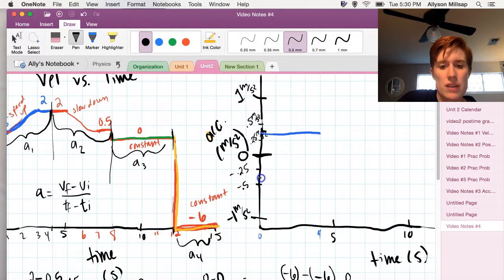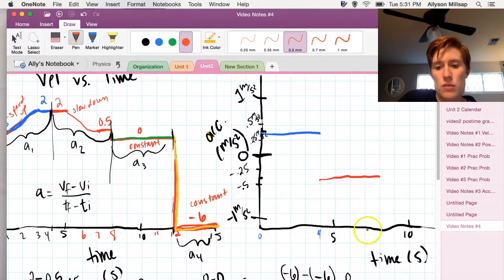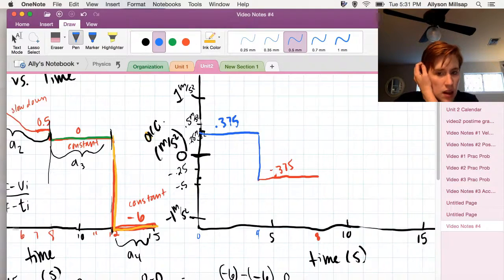So negative 0.375 is somewhere right here, and it's between seconds 4 and 8. So 4, 5, 6, 7, 8. So between 4 and 8, I have negative 0.375, and this was a positive 0.375. And I'm just going to connect the line right there.